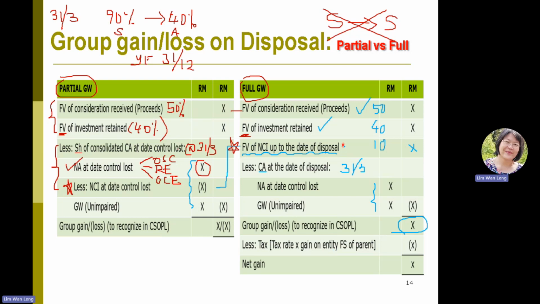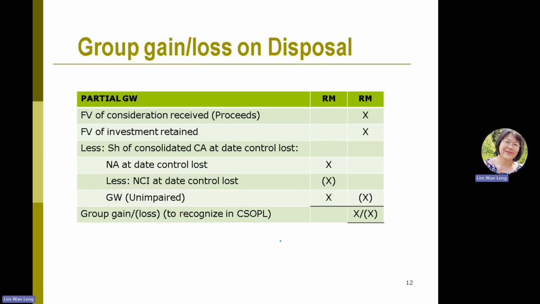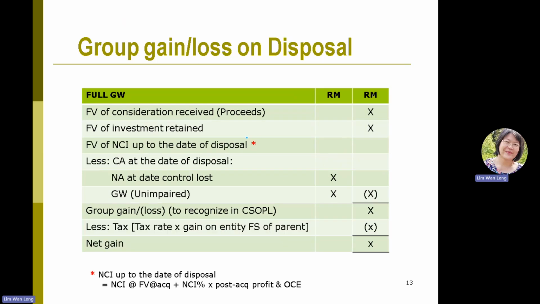So let us see this asterisk, because here I don't have the asterisk. Partial, you have this. So let's look at what this asterisk is. Just now we said, if we dispose of it on 31st March, and our year end is 31st December, then for NCI you always know that you have two portions: one is the pre, another portion is the post.